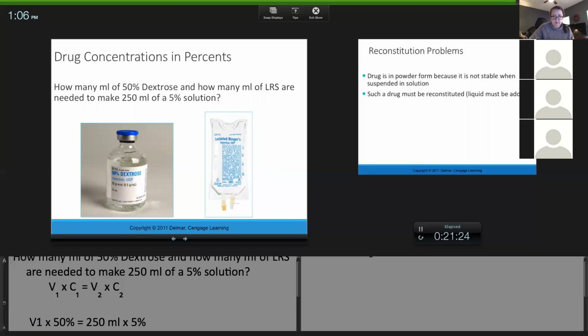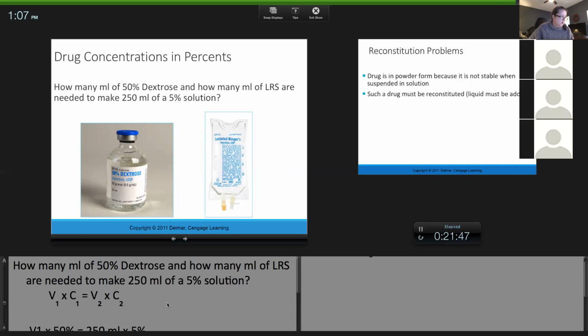So if the doctor says you have this little puppy or kitten and they want the patient to get 250 mils of a 5% solution of dextrose. Right now in your hospital, you have a 250 mil bag of plain fluids and a bottle of 50% dextrose.